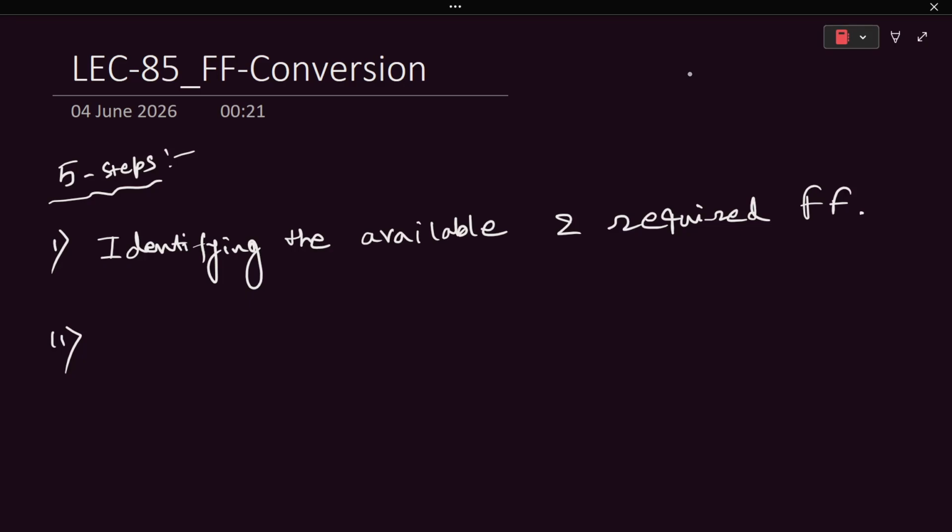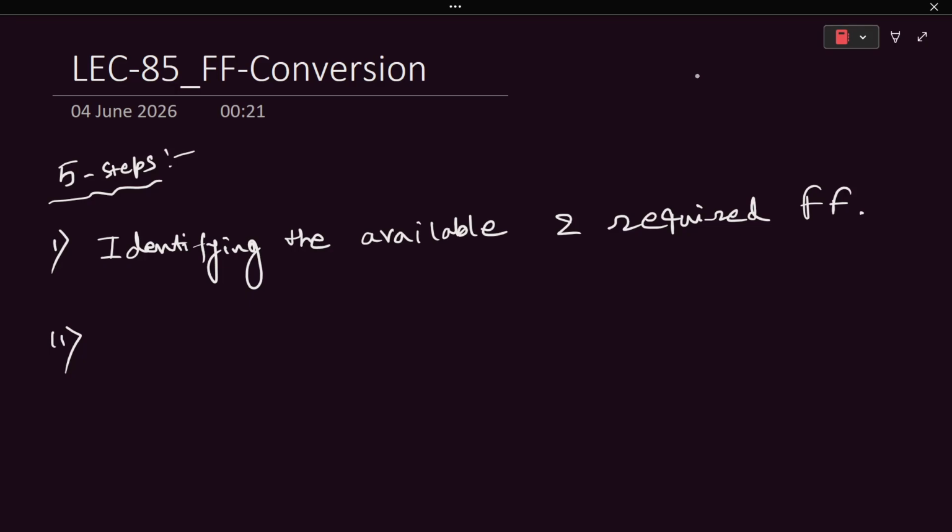So that is the second step. I am not just going to tell you that; I will solve examples and also give you some assignments, and after attending this session I think flip-flop conversion will not cause you any headache or trouble in future.